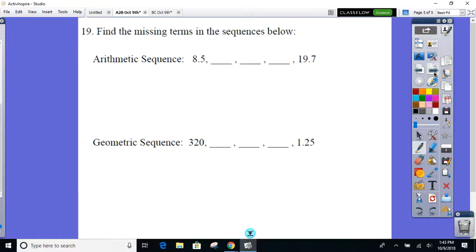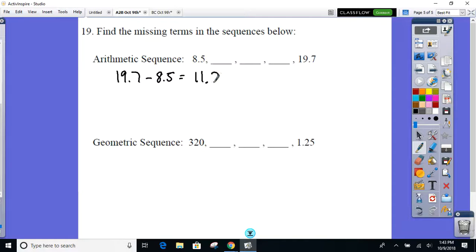How do you find that number I add every time? There's two different ways I've shown you. I could take the difference, right? So the difference between 19.7 and 8.5 is what? What is it? 11.2. All right, that's not what I'm adding though.